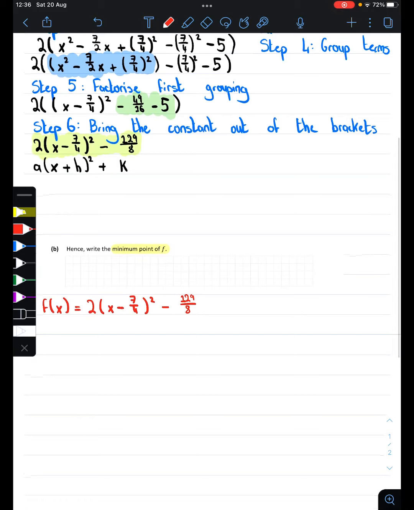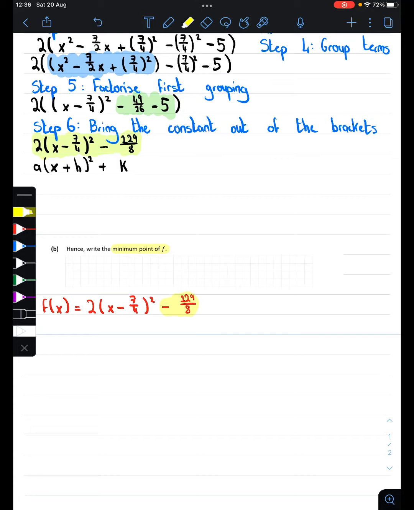And we want to minimize this. Okay, we've got to think, what can we do to make this as small as possible? If we look at this function carefully, what can we do about this 2? There's nothing we can do about it. We can't make the 2 any smaller. It's stuck like that. And this constant term, there's nothing we can do to change it.